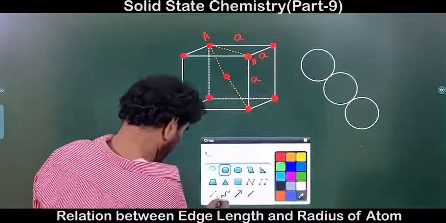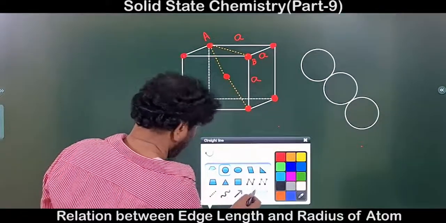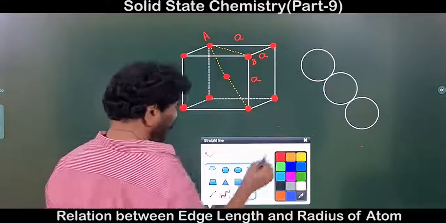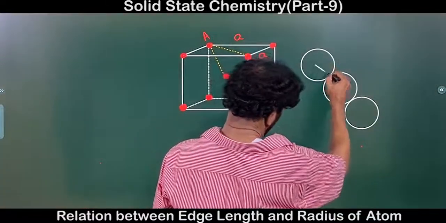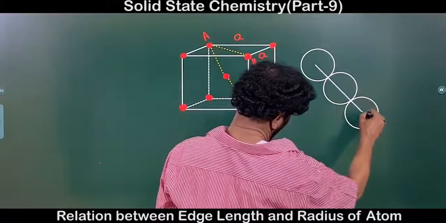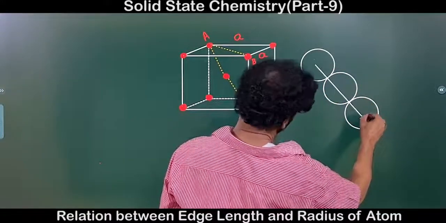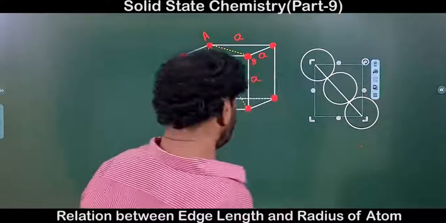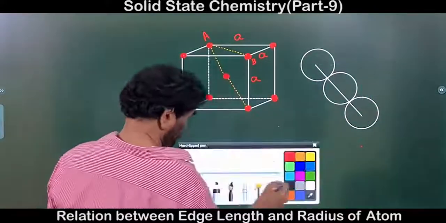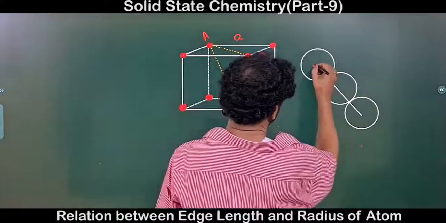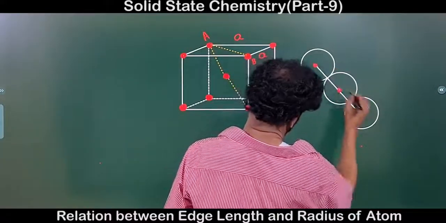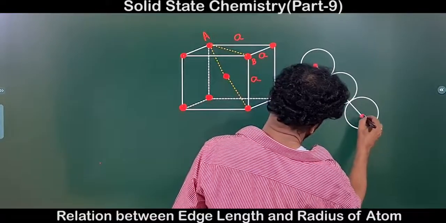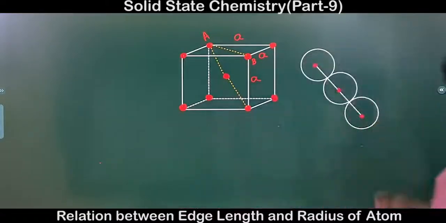See, this is the body diagonal. So now, the nucleus of the central atom and the nucleus of the corner atom.